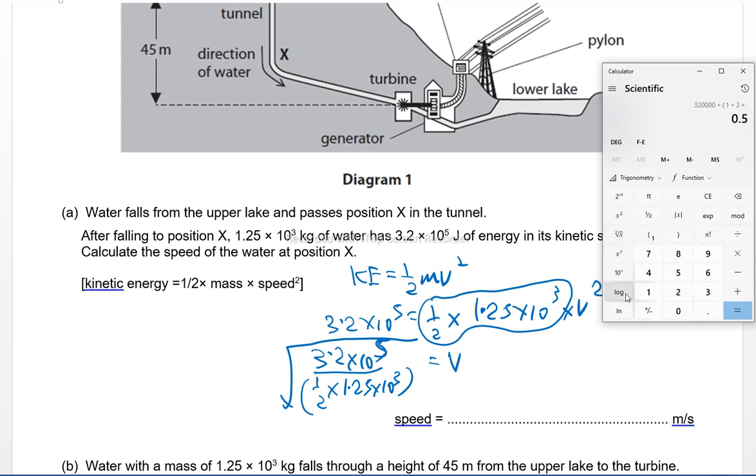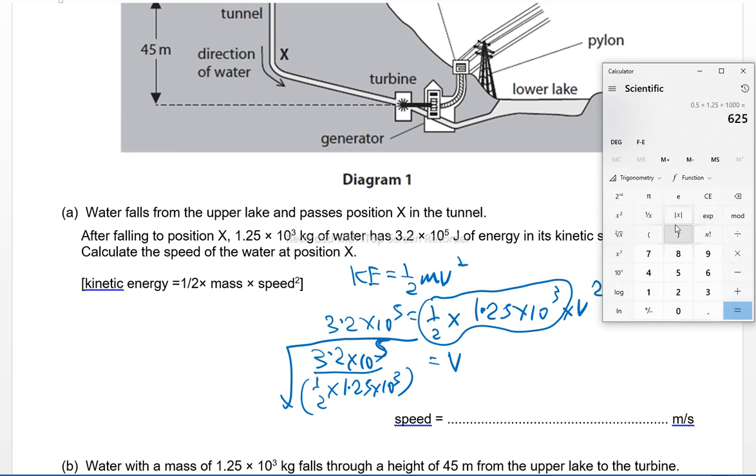Multiplied by 1.25, that's the easy way of doing this. You can do it with your calculator, children, but for the easiness on this computer, I'll do it in this way. So it's 0.5 into 1.25 into 10 to the power 3, which is 1000, right?